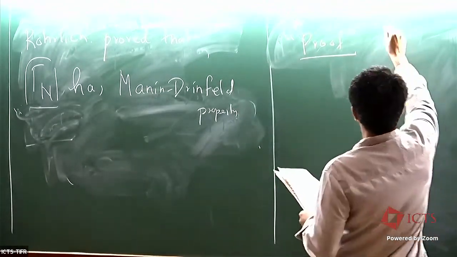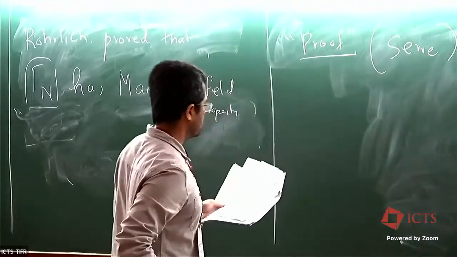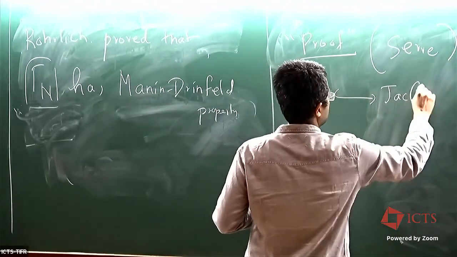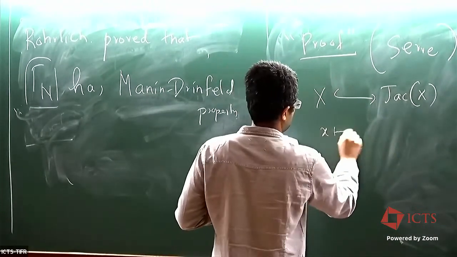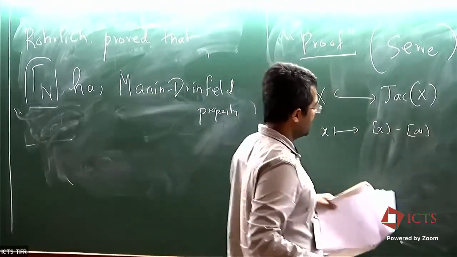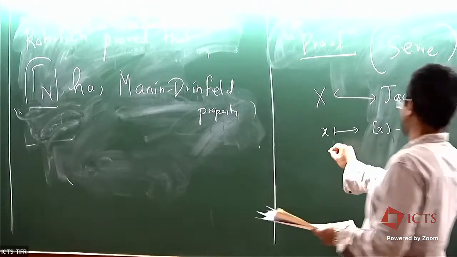So this is the proof due to Rohrlich. So you have this X inside Jacobian of X, x goes to x minus infinity. Again, for a general curve X, there is no meaning of this infinity, but here this is a Q-rational point.